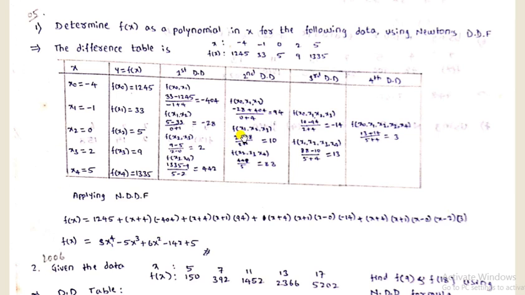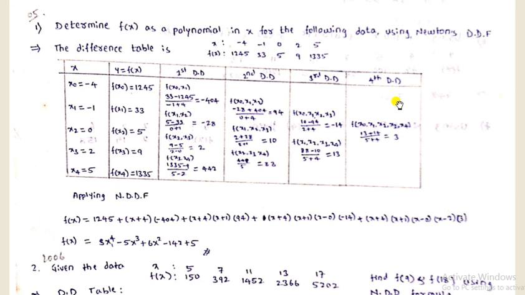Then similarly calculate f of x1 x2 x3 and f of x2 x3 x4, which are the second divided differences. Then the third divided difference is f of x0 x1 x2 x3: subtract f of x0 x1 x2 from f of x1 x2 x3, whole divided by x3 minus x0, which gives -14. Then calculate f of x1 x2 x3 x4, which gives 13.